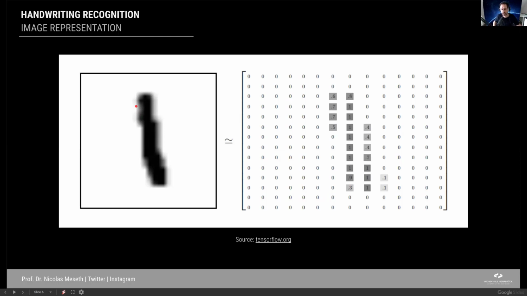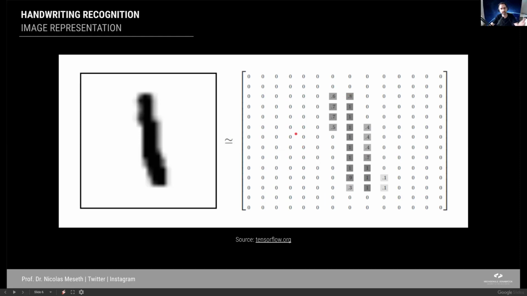If we have a black and white image, which is often the case when we scan text documents and don't really care about color, then we could have a grayscale image, and represent each level of gray with a different number between 0 and 1. So 0 would be white, 0.6 a little bit darker, 0.8 even darker, and 1 would be black. This is one way to represent an image.